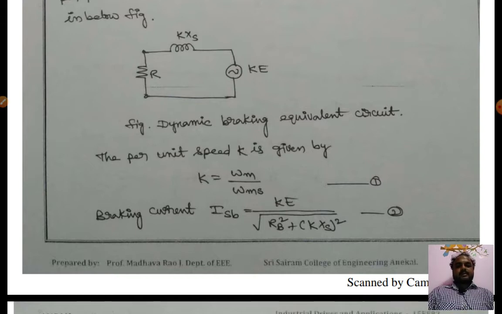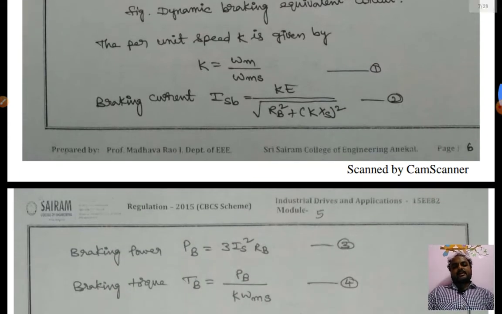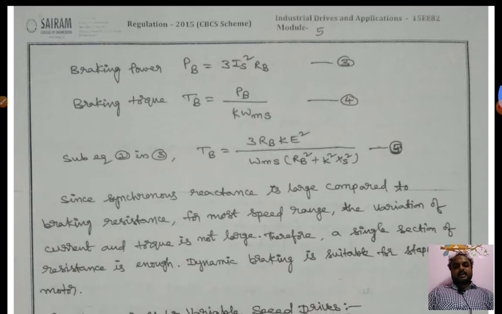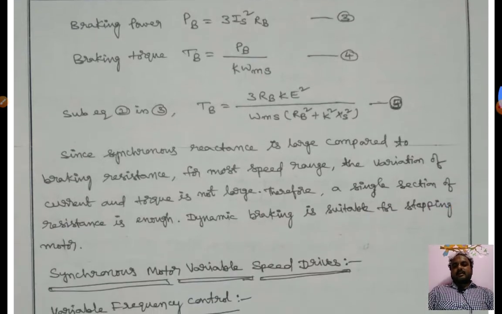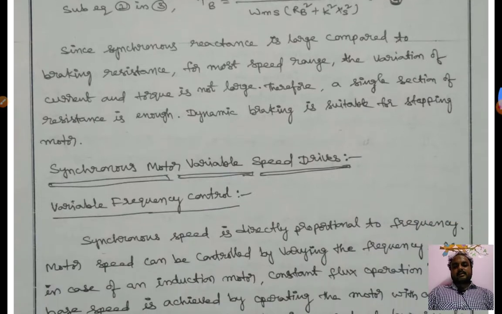K is equal to omega M by omega MS. Braking current ISB is equal to KE by root of RB square plus KX square. And braking power PB, and substituting equation 2 and equation 3 we get TB, that is the braking torque. So these are the things about braking methods.